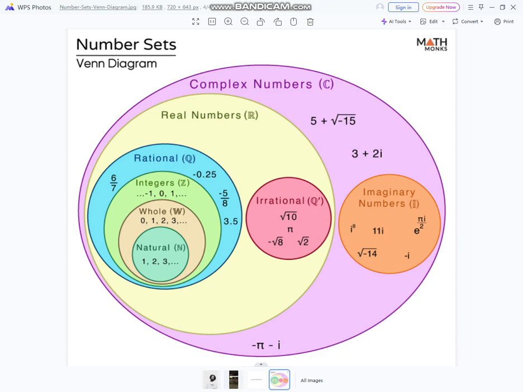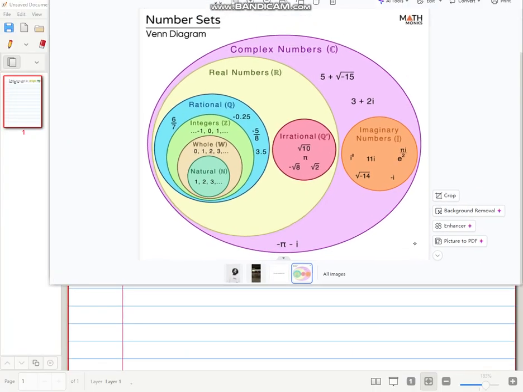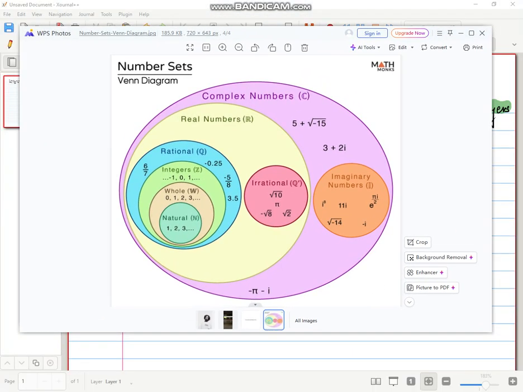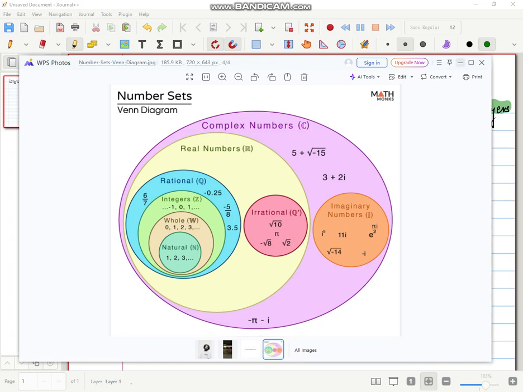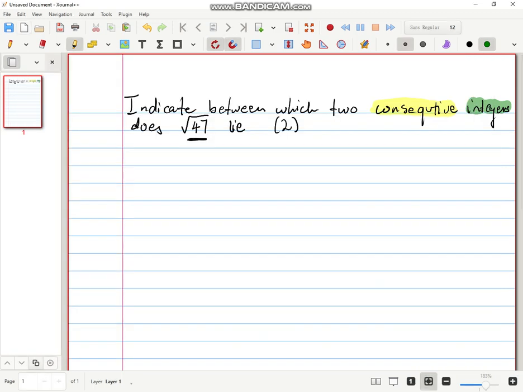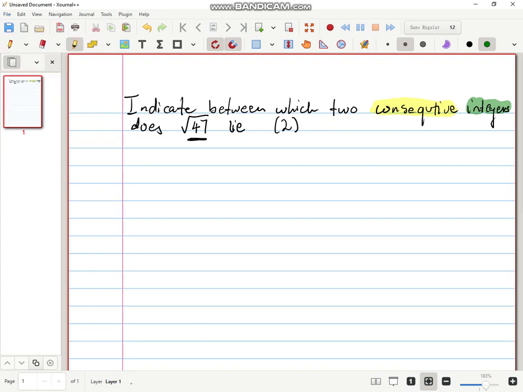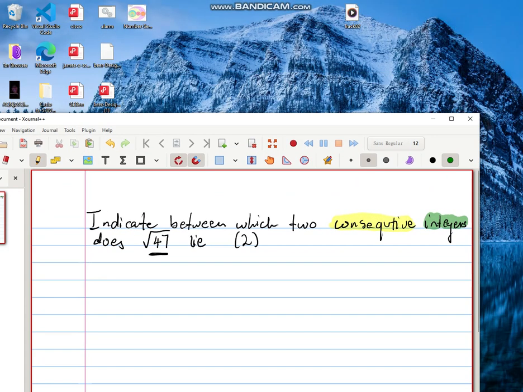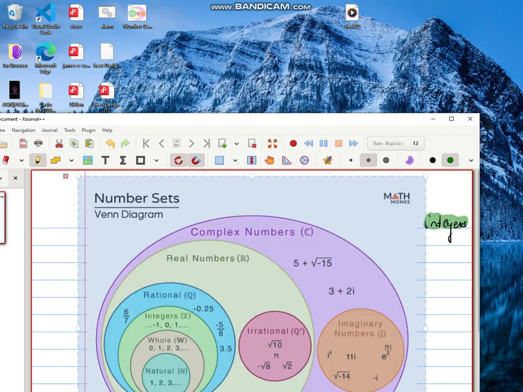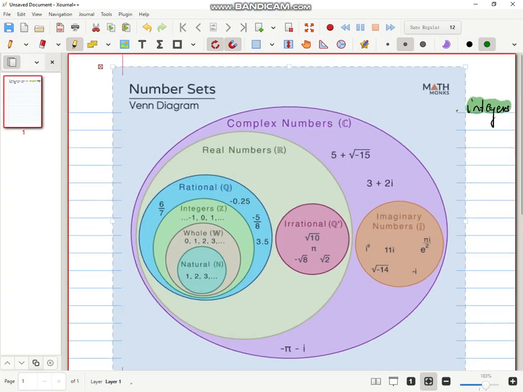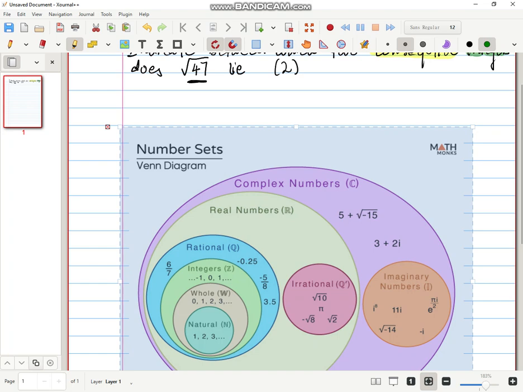So for example, you have your imaginary numbers here. Let me move it down like this.